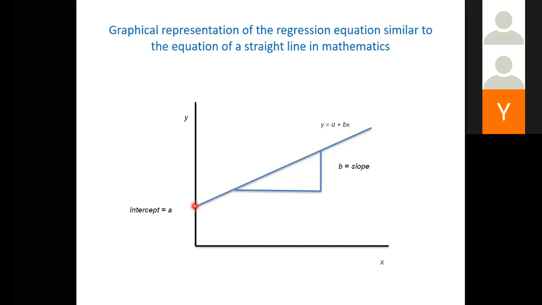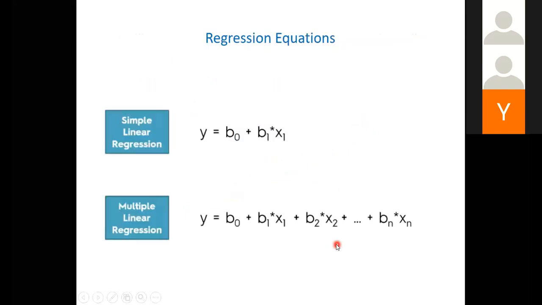That's why they call it constant. Whether the exposure is there or not, y has a value. That's the B0 in the equation. B1 is the regression coefficient. If you now have multiple, more variables involved, y is still y, peak expiratory flow rate.